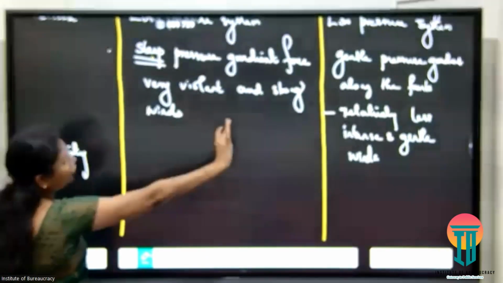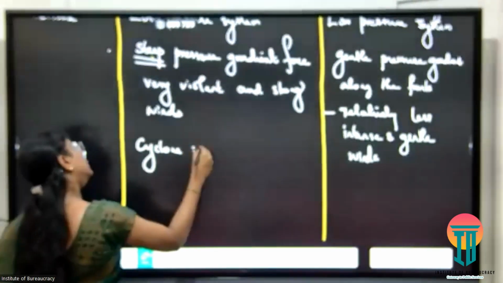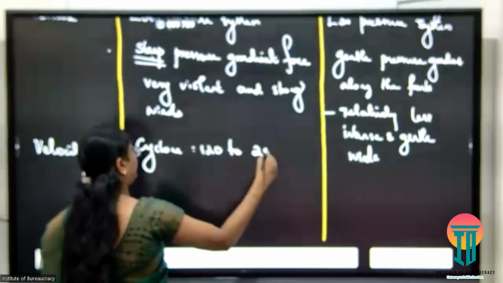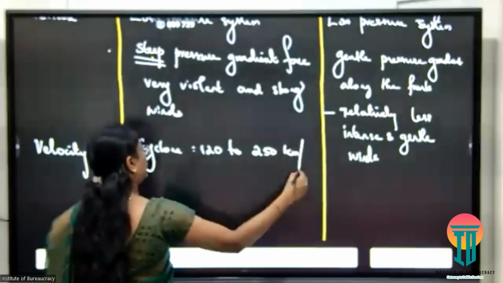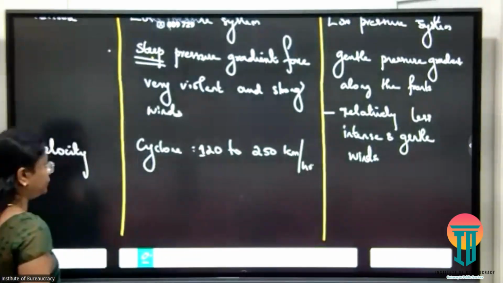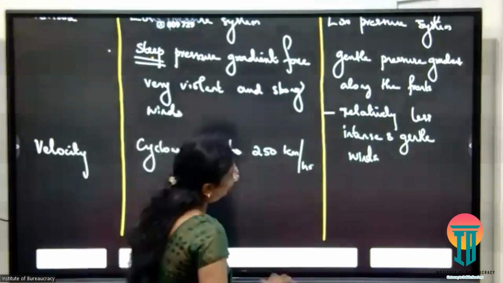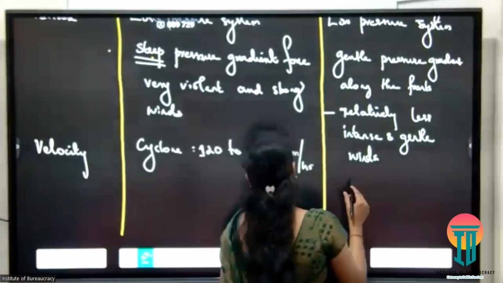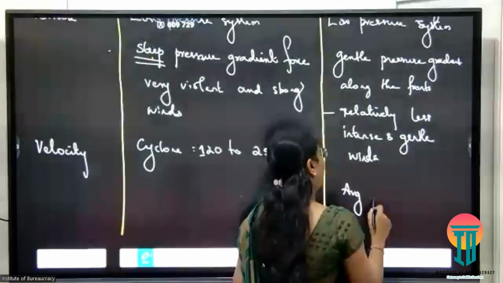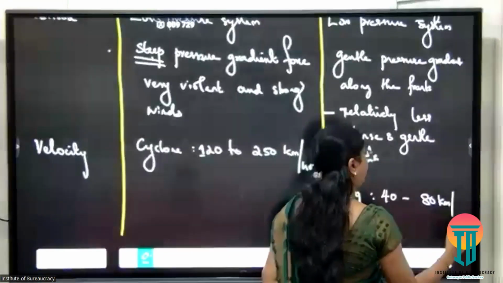there is a range of velocity. Normally tropical cyclone 120 இருந்து 250 வரைக்கும் km/h move ஆகும். Normal tropical cyclones. Temperate cyclone also has huge differences, but their average velocity lies around 40 to 80 km/h.